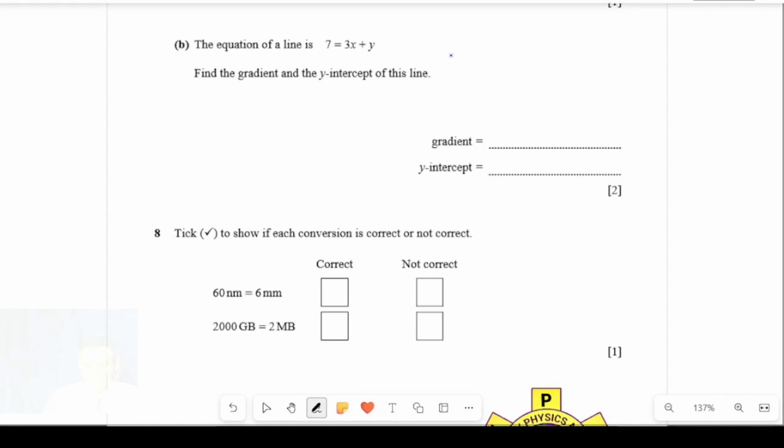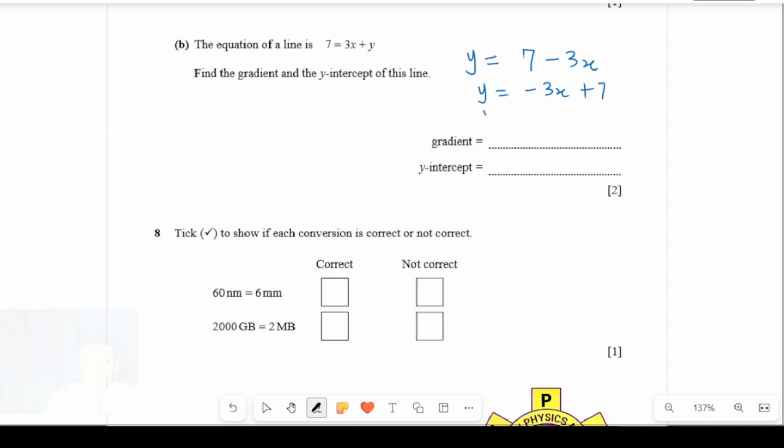So you have y equals 7 take away 3x. So y equals negative 3x plus 7.